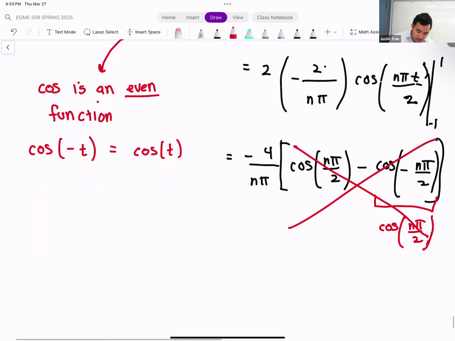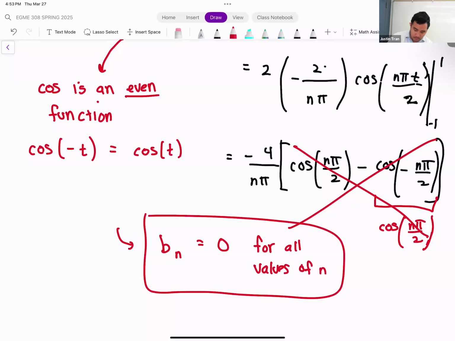And so what we get in the end is Bn is equal to 0 for all values of n. All right. So we have our A0, we have our An, and we have our Bn's. Okay, any questions on this example here?